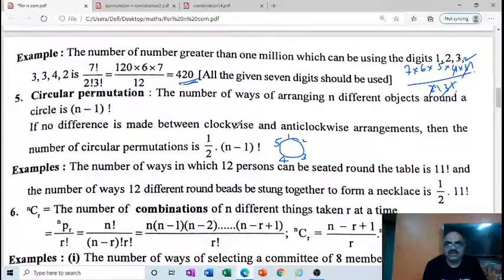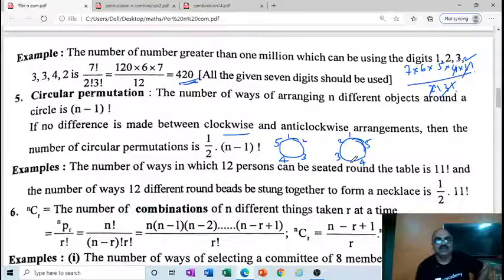This is clockwise. I have another circle, 1, 2, 3, 4 and 5. This is anti-clockwise. Now, what is the type of permutation?